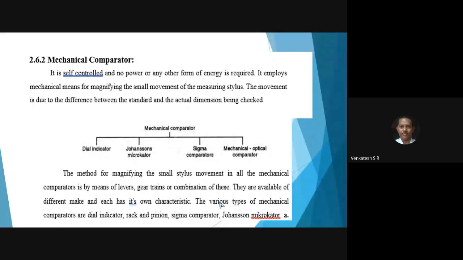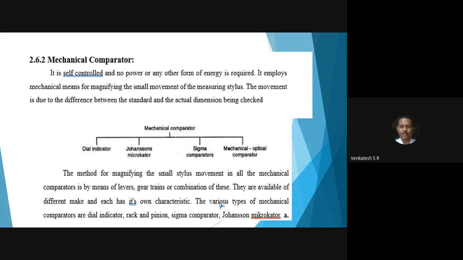The mechanical comparator is again classified into 4 types. In that second one, Johansson microcator. This is also mechanical comparator. Here, this particular comparator used for surface roughness of the surface plate.